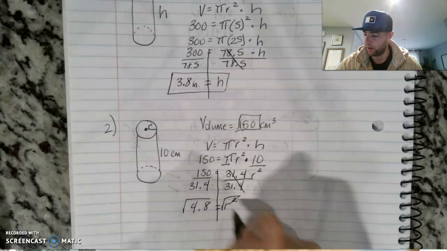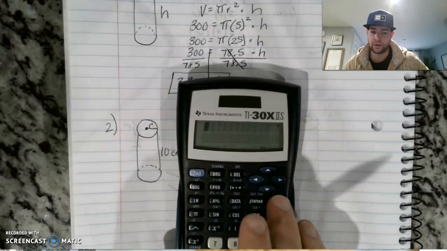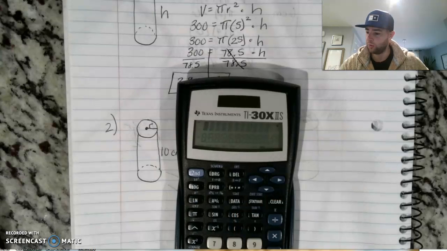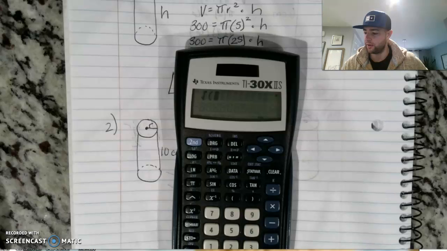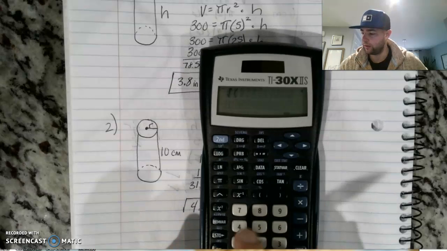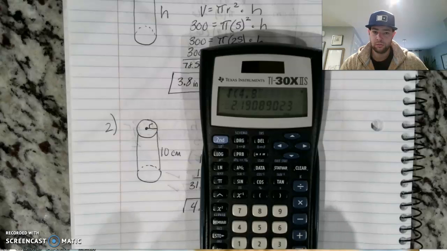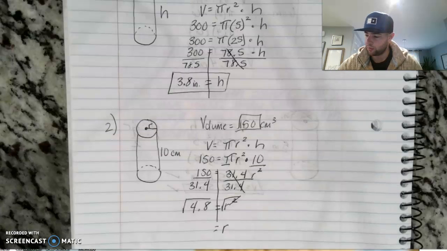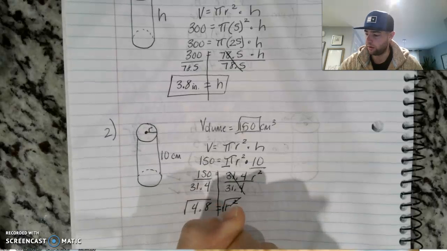So we're left with the radius equals, and then the last thing you have to do, if you remember, to find the square root in your calculator, we're going to hit the second key, then we're going to hit x squared, and then I'm going to plug in 4.8, hit equals, and we get about 2.19, so I'm just going to round that to 2.2. So our radius would be about 2.2, and then it would be centimeters for our review.